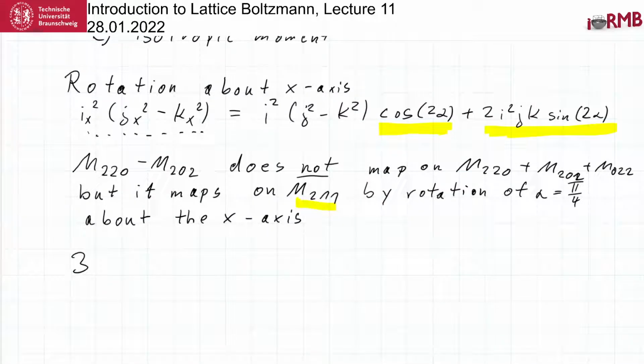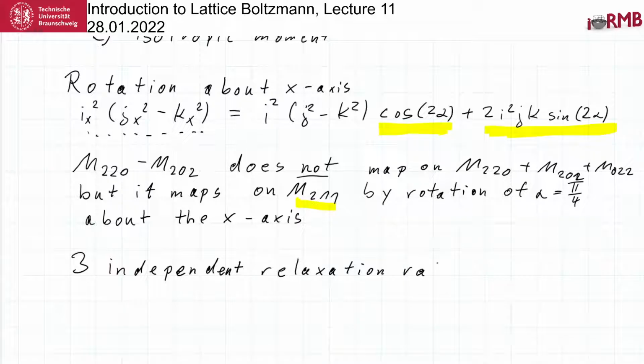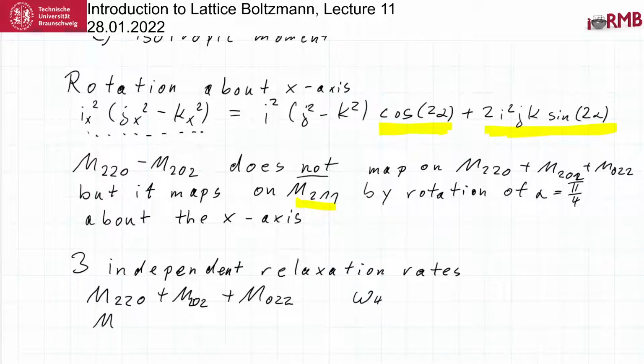So again, this leaves us with 3 independent relaxation rates for first order moments, namely one for m220 plus m202 plus m022, and this we call omega 4, and then we have m220 minus m202, and this comes with 2 permutations.